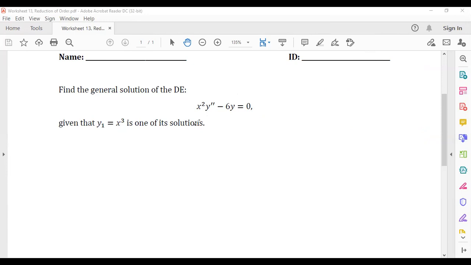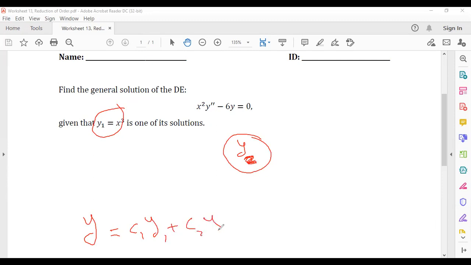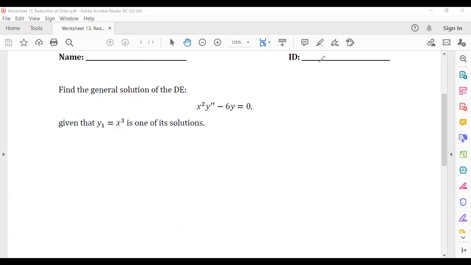Yes, so don't add the C for y2. Y2 is a particular solution. So in y2, no constants, similar to y1, no constants. But in the general solution, you must multiply the first by a constant and the second one by a constant. Is this your question? Okay. Great. Other students?